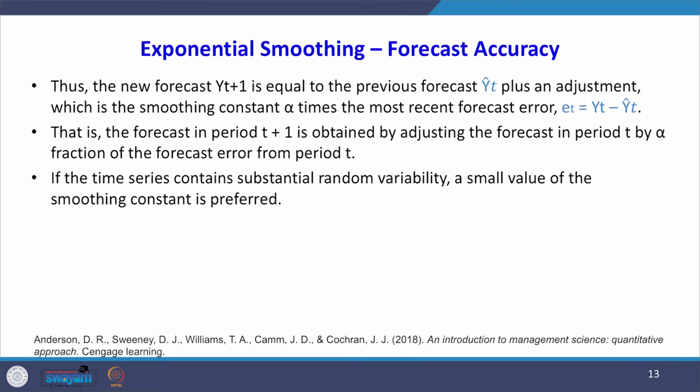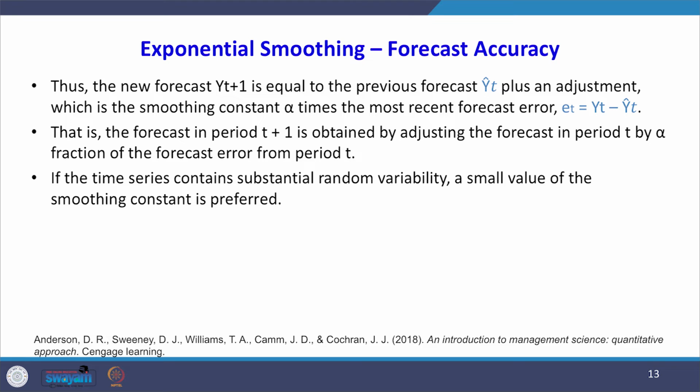Thus, the new forecast yt plus 1 hat is equal to the previous forecast yt hat plus an adjustment, which is the smoothing constant alpha times the most recent forecast error, et equal to yt minus yt hat. That is, the forecast in period t plus 1 is obtained by adjusting the forecast in period t by an alpha fraction of the forecast error from period t.